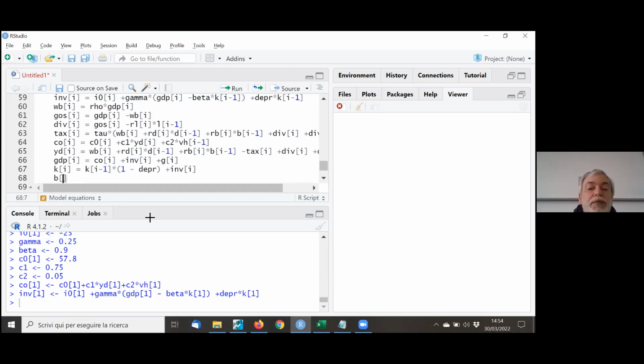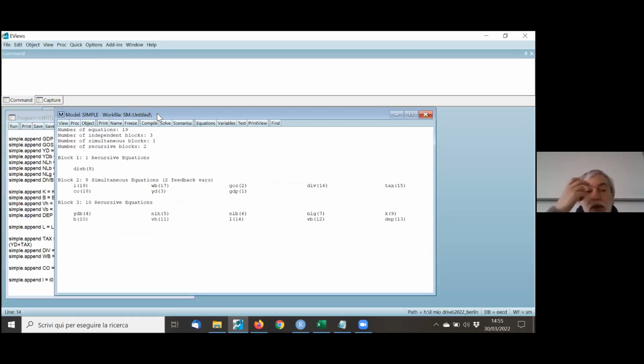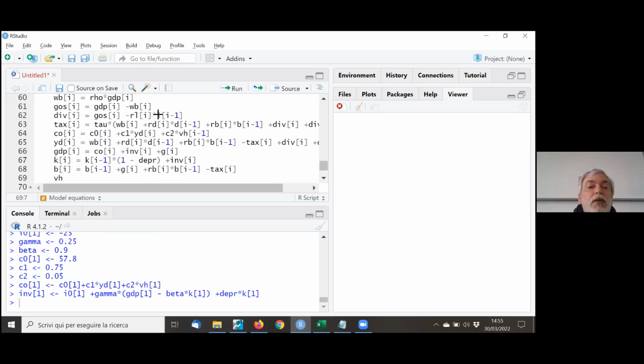Now we need stock of bonds. Plus G less taxes plus RP times B minus 1, less taxes, then VH minus 1 plus YD less consumption.